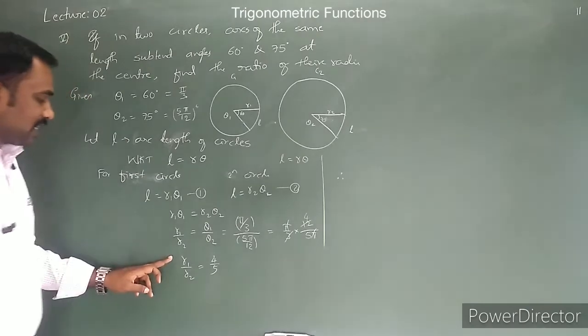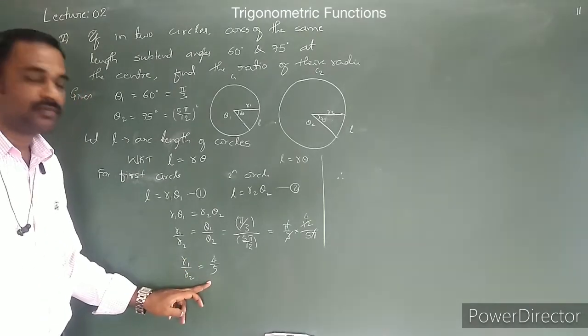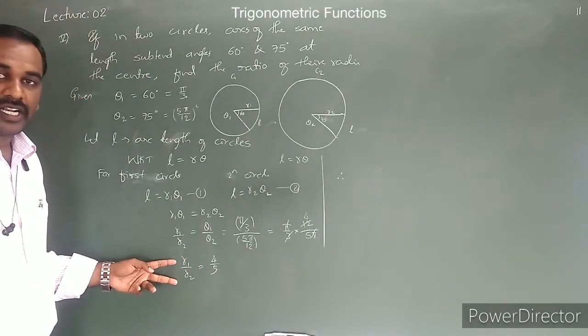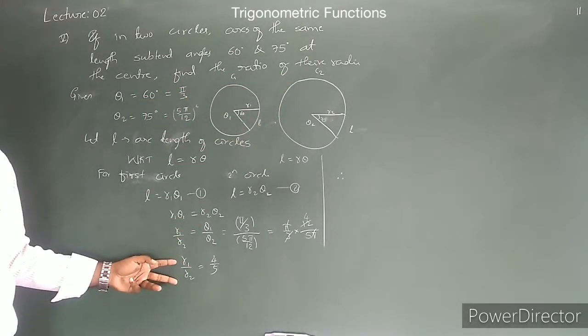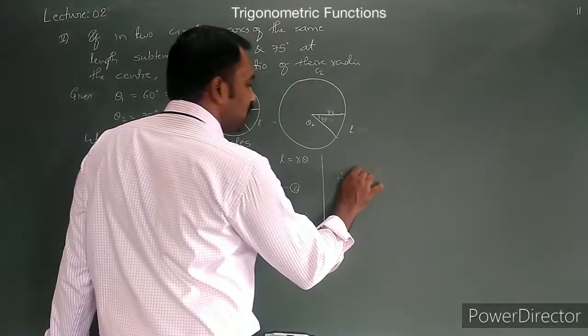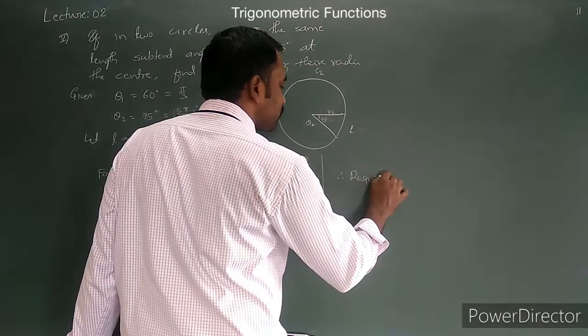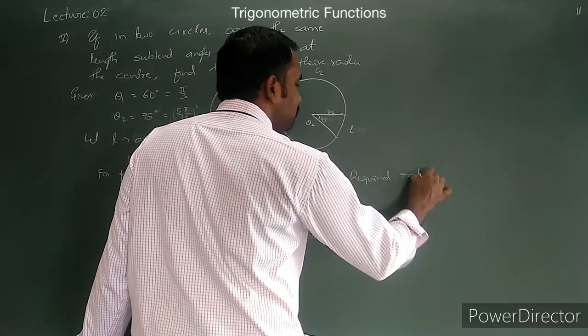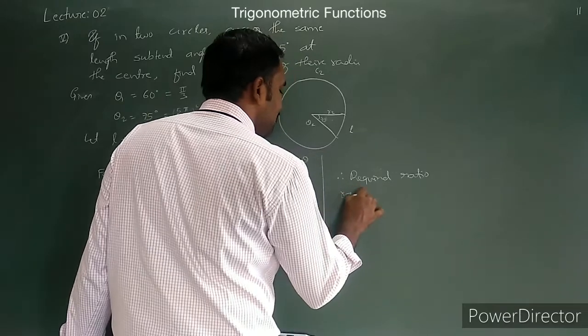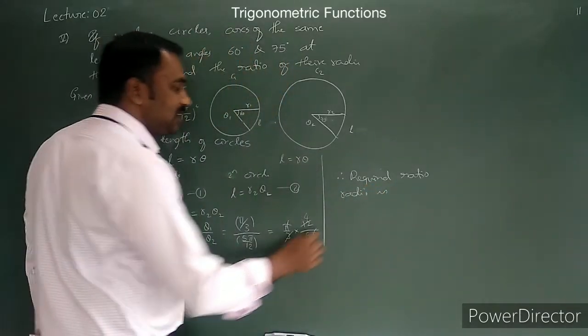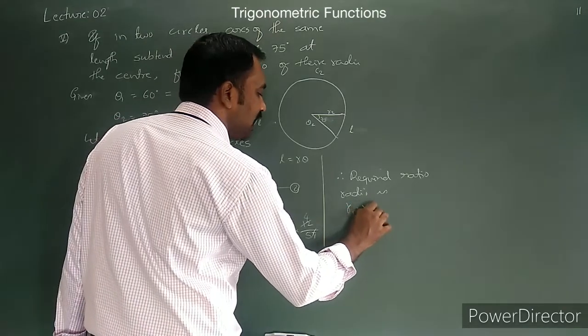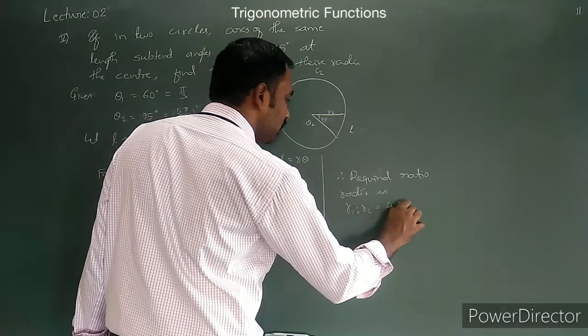Therefore, we can write the conclusion. What is the conclusion? r1 by r2 is equal to 4 by 5. So the ratio is required. Find the ratio of their radii. Therefore, the required ratio of radii is r1 is to r2 is equal to 4 is to 5.